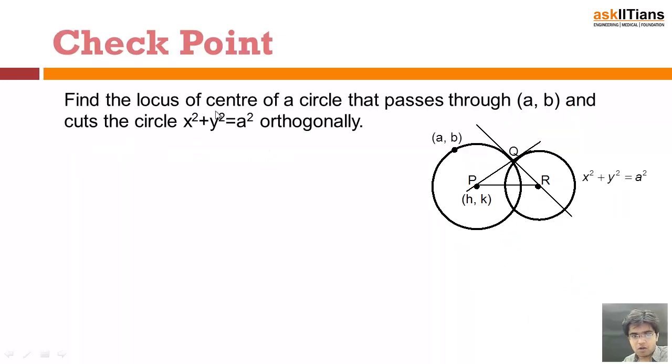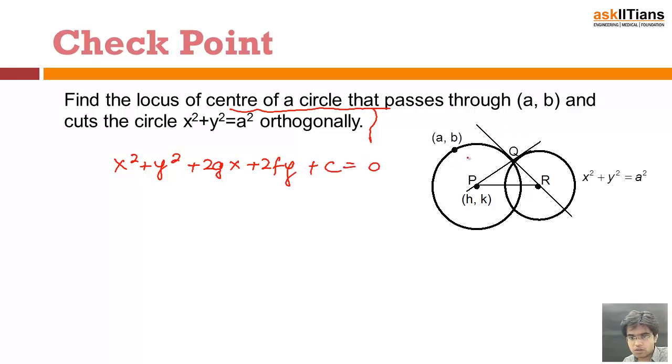We need to find the locus of the center of a circle that passes through (a, b) and cuts this circle orthogonally. Remember that you need to find the locus of the center of the circle. So let's suppose that the equation of this circle is the general equation x square plus y square plus 2gx plus 2fy plus c is equal to 0.